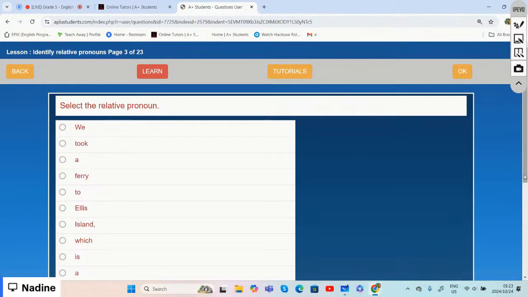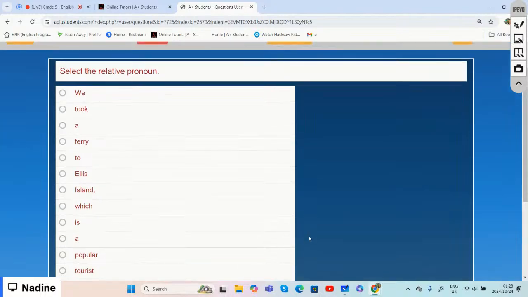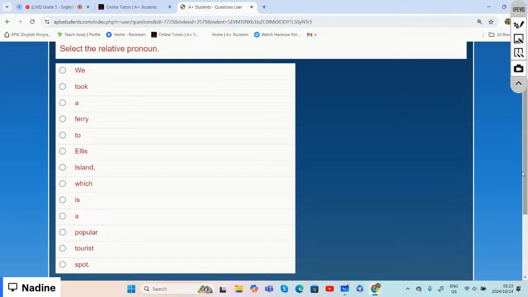The next one says, we took a ferry to Ellis Island, which is a popular tourist spot. We need to identify or select the relative pronoun.